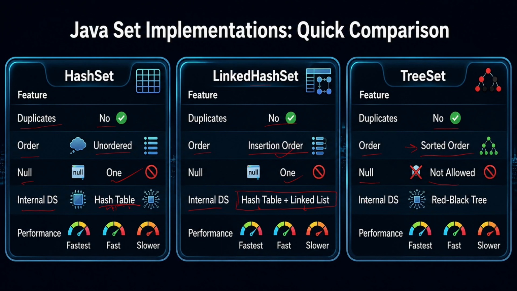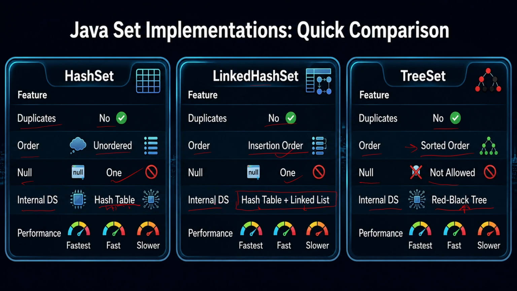The internal data structure for TreeSet is a red-black tree. What is a red-black tree? A red-black tree is a self-balanced binary search tree. So these are the differences between the internal data structures for all three implementation classes.